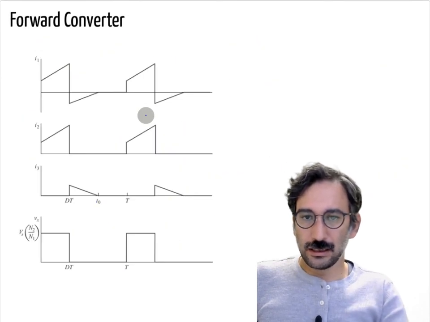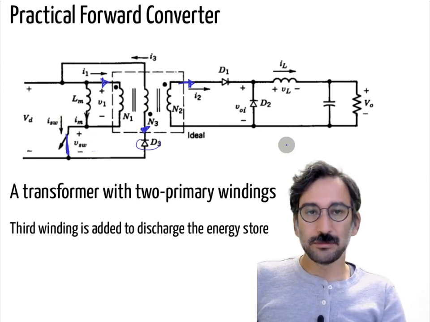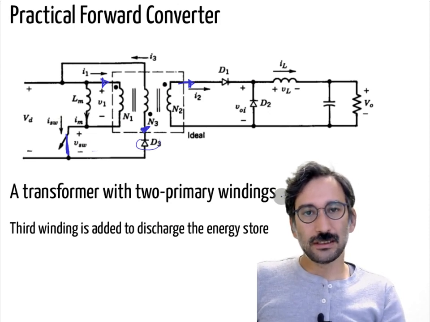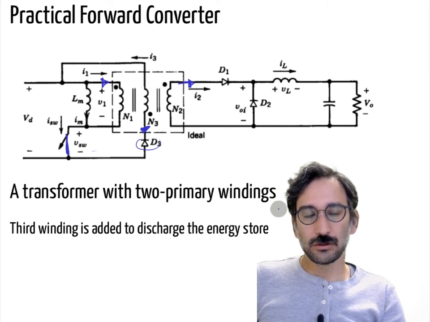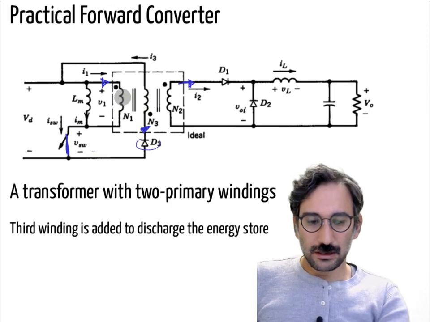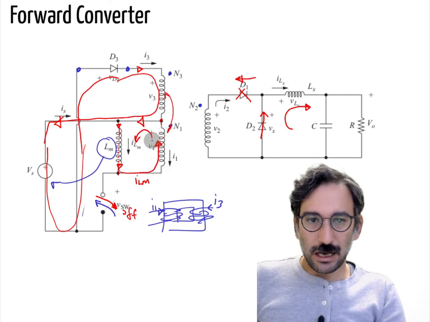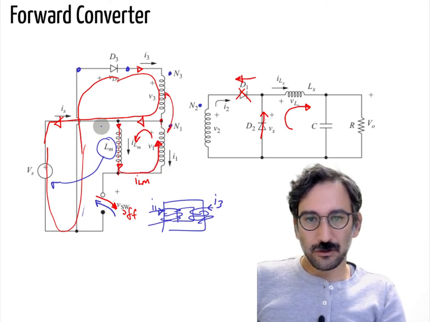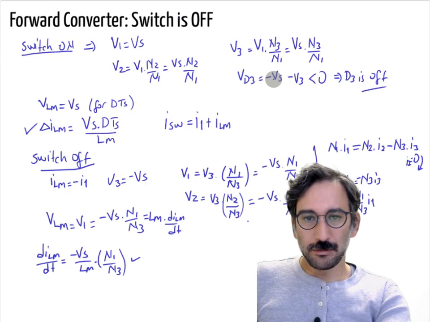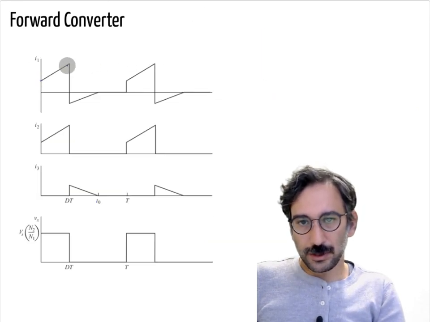So again, let's go through the other characteristics. Please do the derivations yourself, and all detailed calculations are in your books, either in Hertz or in Mohan. Let me go back to that one. Let's have a look at what happens to I1. At first, while you are charging up, it is going up.